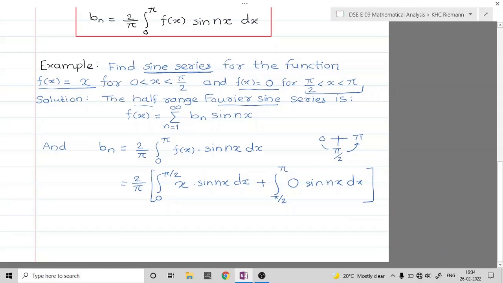So let me add one more page. Okay, so now value of bn is equal to 2 by pi integration 0 to pi, in that case f of x is equal to x into sine nx dx, and second integral is 0 now.